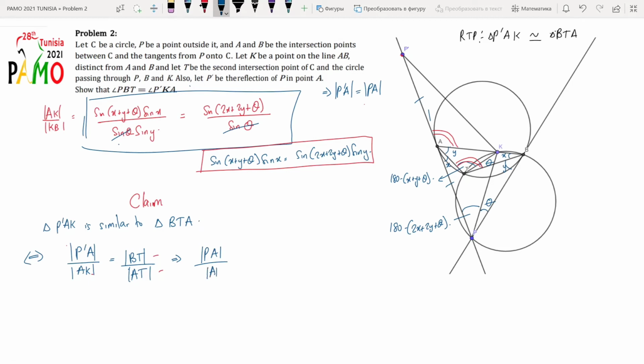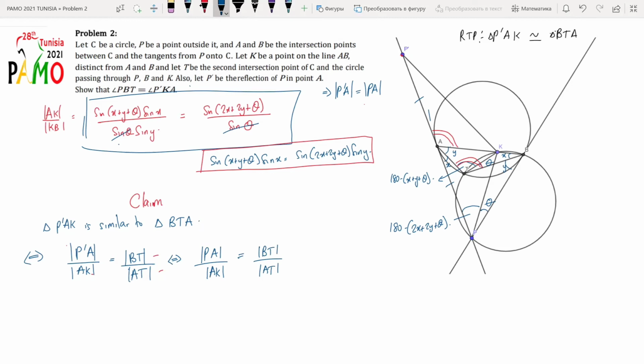So this one looks much better to work with because P prime is kind of isolated and we have not done a lot of angle chasing involving point P prime. So it makes more sense to work with side length PA rather than side length P prime A. But because the two of them are equal, they have the same length.